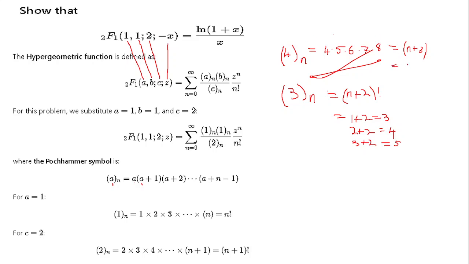Because n starts from 1, 1 plus 3 will be 4, 2 plus 3 will be 5, and then 3 plus 3 will be 6. So you can see that you are looking for the way you get 4, 5, 6, 7, 8. So this will give you this factorial.